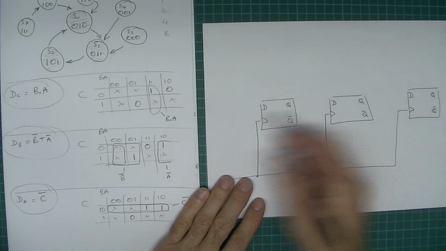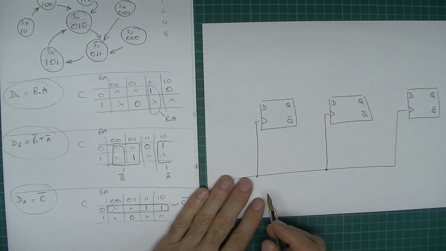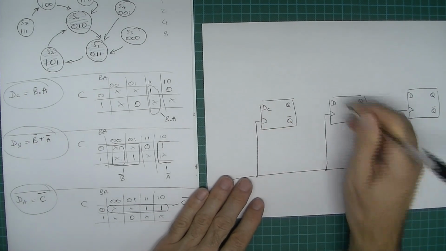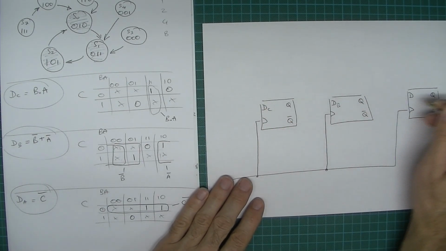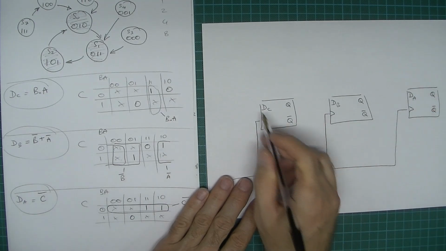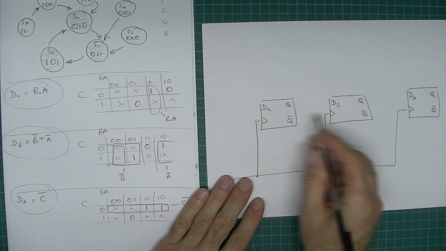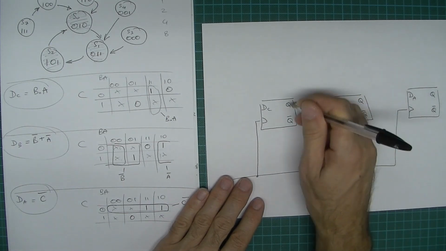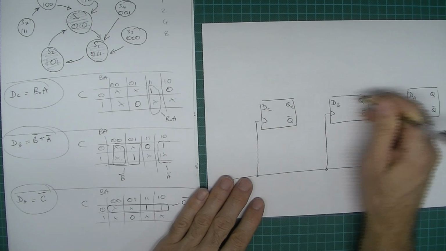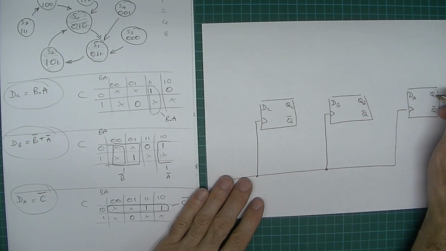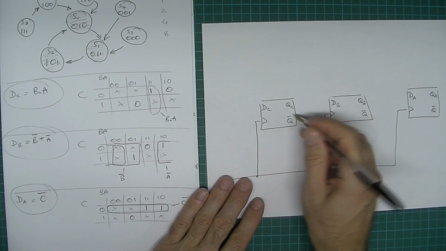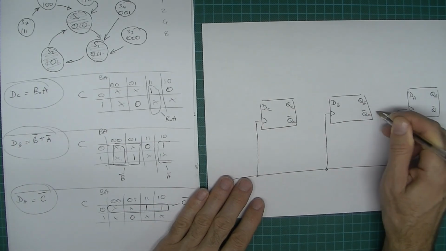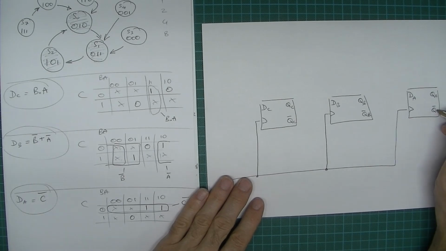Now each one of these is going to represent our A, B and C. It doesn't really matter what the order is, but let's say that's DC, that's DB, and that's DA, so that's the data input for C, the data input for B, and the data input for A. And that's going to be QC, QB and QA, and that's going to be the C, B, and that's going to be the A.